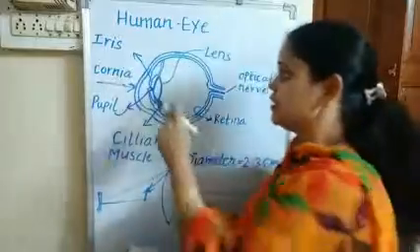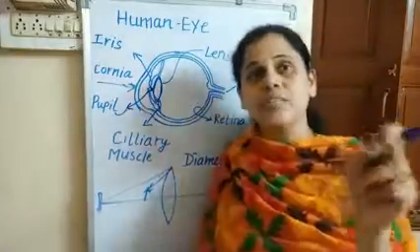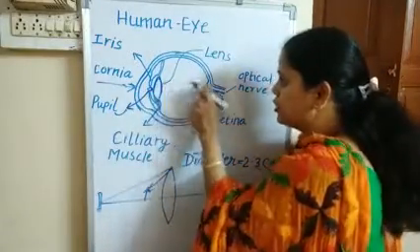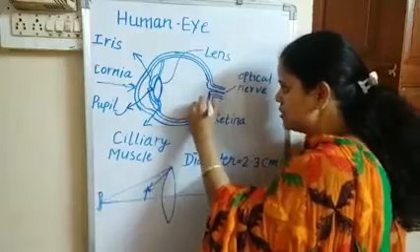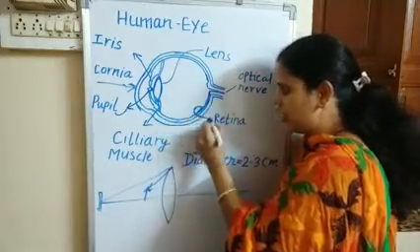The next line: this lens creates an image that is real and inverted, and this image is formed on this screen, which is called the retina.